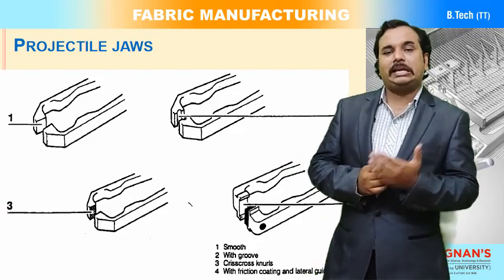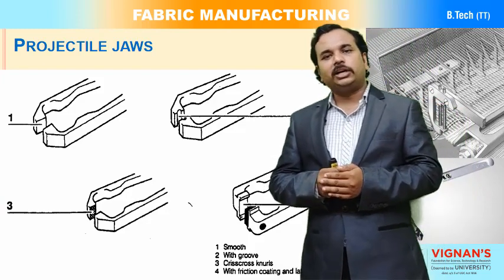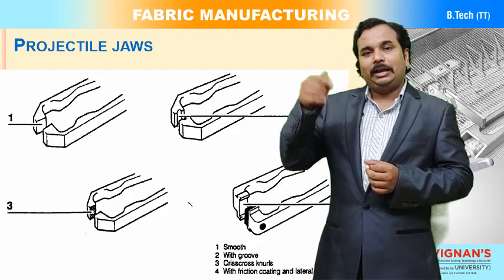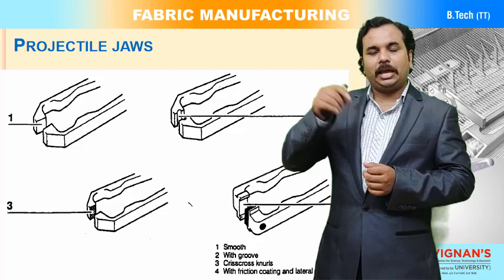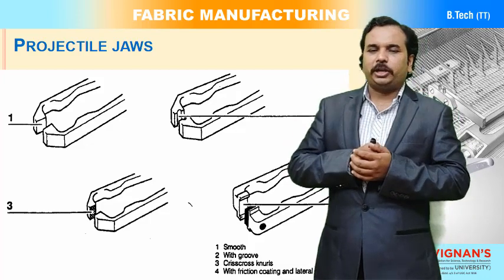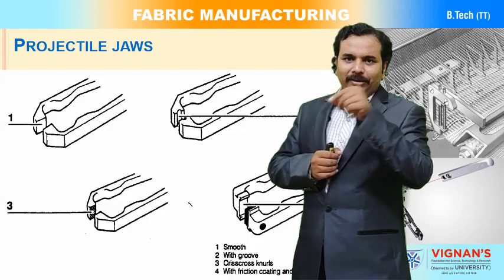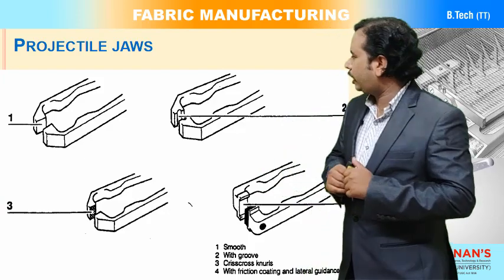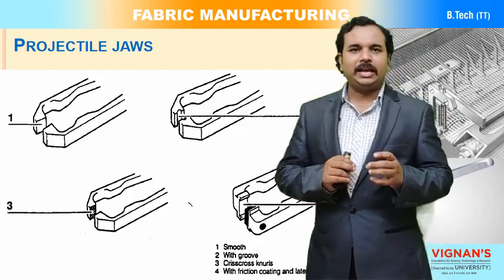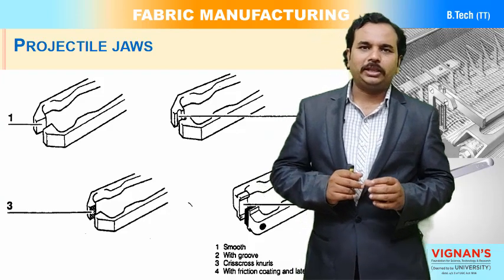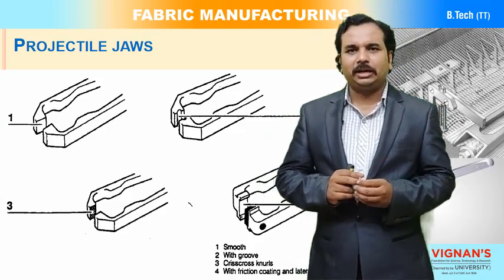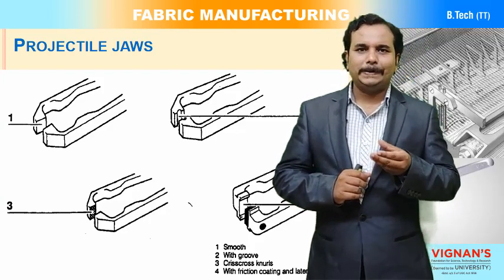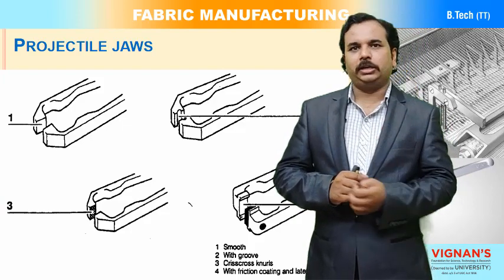And you can see that in the third one there are crisscross knurls. Knurls are nothing but grid lines. The surface of this particular jaw is given knurls so that the gripping or clamping force is changed. In the fourth, you can observe that there is a friction coating, generally a rubber coating or a rubber-like synthetic material.